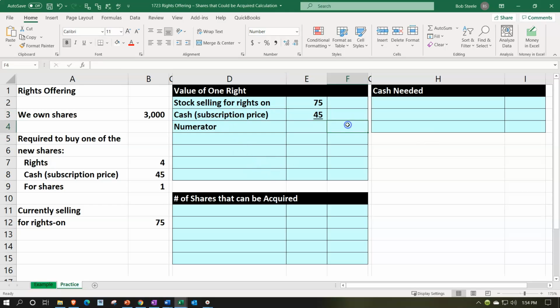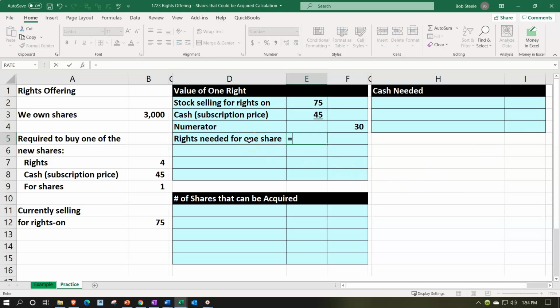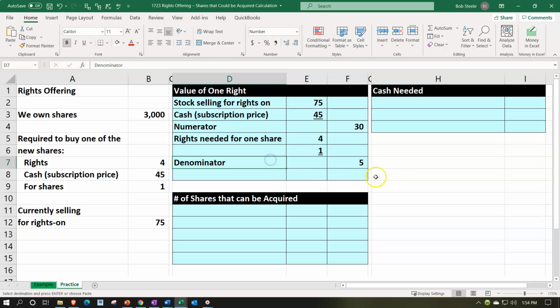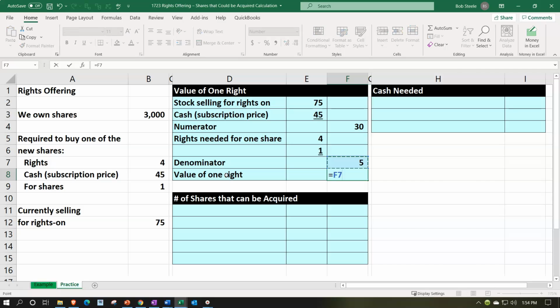Then we pick up the rights that are needed for 1 share, which is 4. And then we add 1 to that, plus 1, and go to the font group and underline it, summing that up: 4 plus 1, otherwise known as 5, to give us the denominator. Then the value of 1 right is equal to 30 divided by 5, or 6. We're going to underline that, font group and underline.